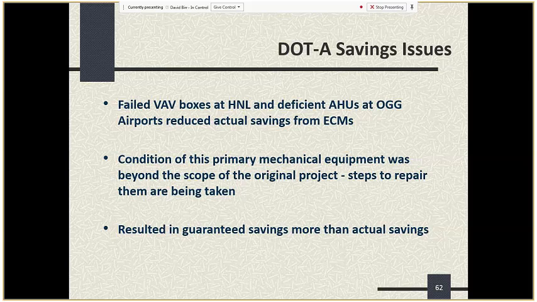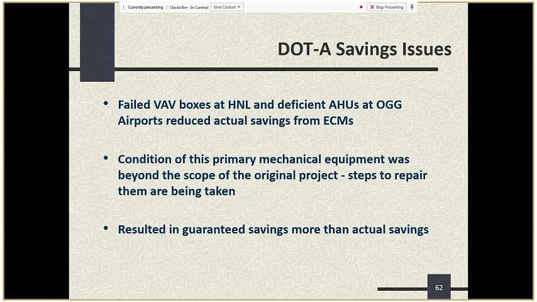Since these items weren't part of the original scope, they weren't really JCI's responsibility. Hence the guaranteed savings were achieved by JCI, but the actual savings delivered at the site were a little bit less because of deficiencies in existing equipment that wasn't affected by the original JCI project scope.